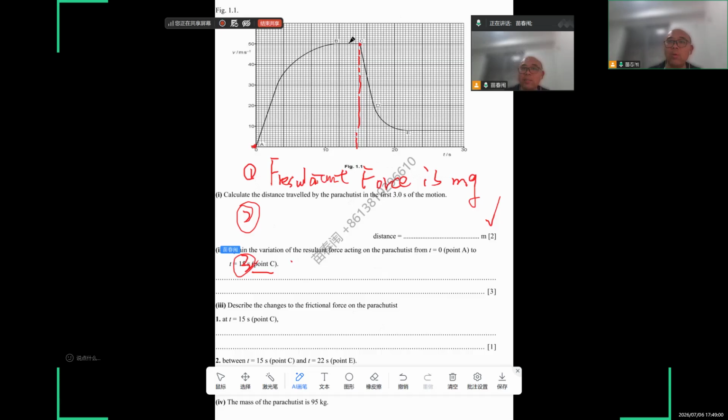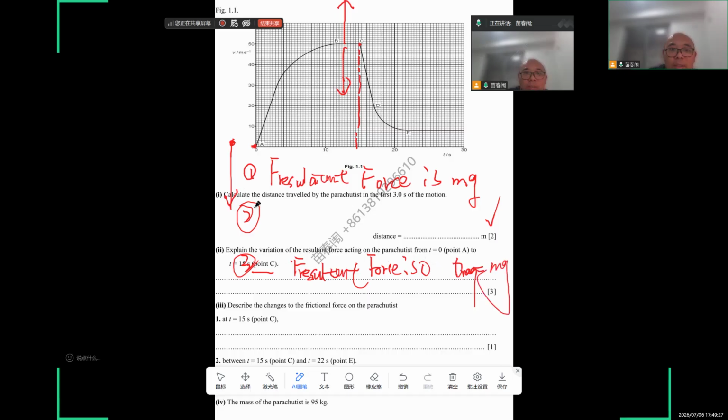The end is our terminal velocity, right? So your gravity is going to balance with your drag, not just purely alone. At that point, your drag is mg, so your resultant force is going to be 0 because drag equals mg.